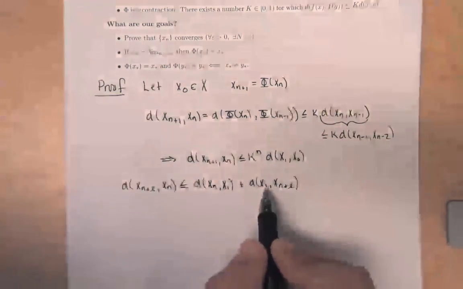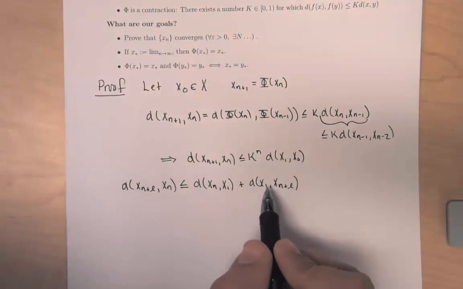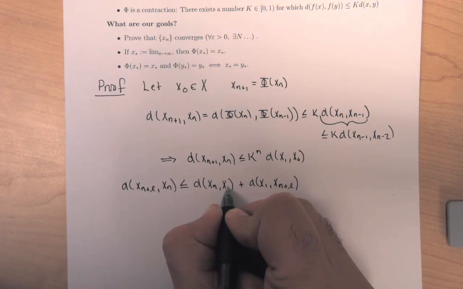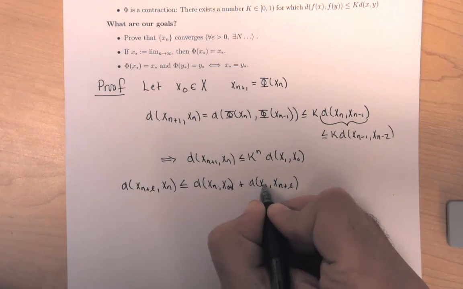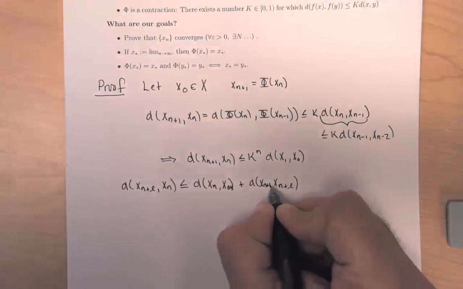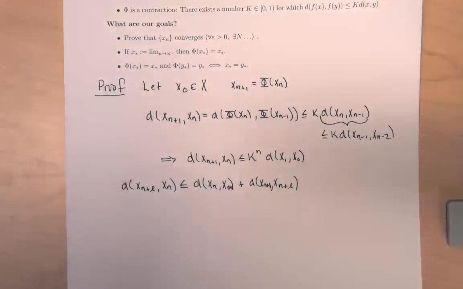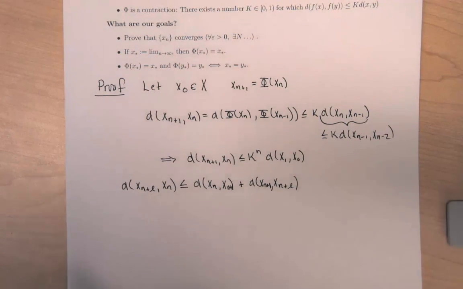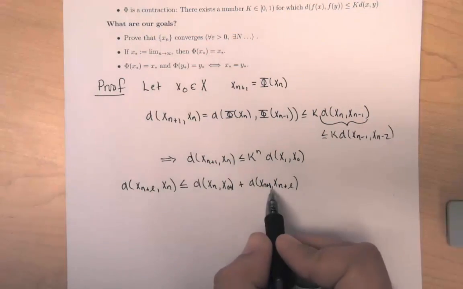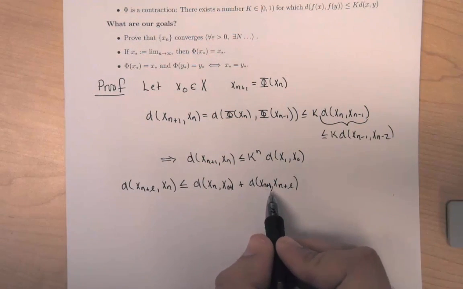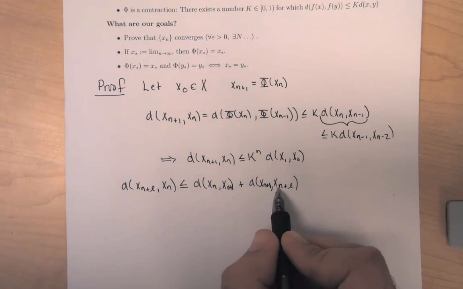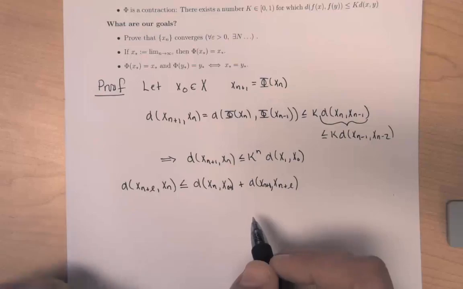And similarly, I can use the triangle inequality to break up this term. I'm sorry, this is not x_1, but rather x_{n+1}. Essentially, we're going to count from n to n+L. So I can split this one up to say this is less than or equal to the distance from x_{n+1} to x_{n+2} and x_{n+2} to x_{n+1}.